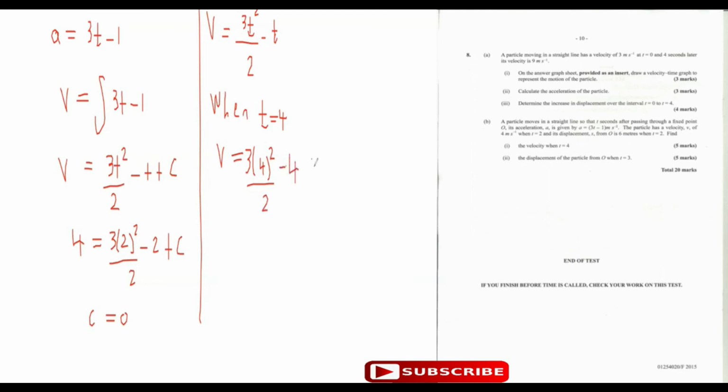And that's equal to 3 times 4 squared divided by 2 minus 4. And so v is equal to 20. All right, and so when t equals 4, the velocity is 20 meters per second. That's it. That's how we find the velocity when t is 4.